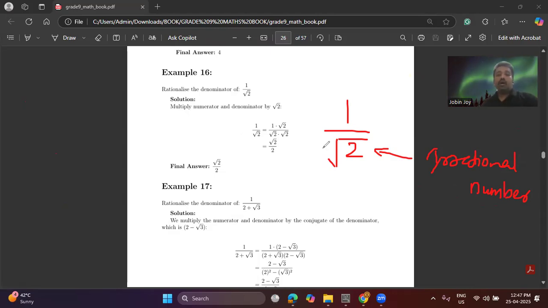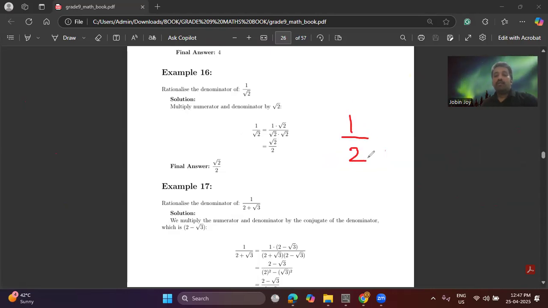So what I'm doing is 1 by root 2 into, I am just multiplying with root 2 by root 2. The root 2 cancel, both are same, right? So the numerator will be root 2 into 1, that is root 2, divided by the denominator, root 2 into root 2. What is root 2 into root 2? 2.